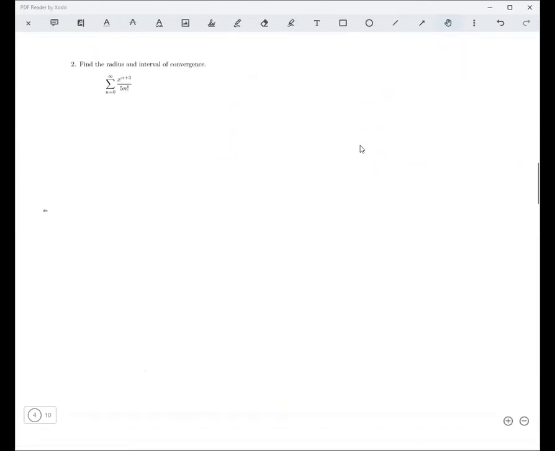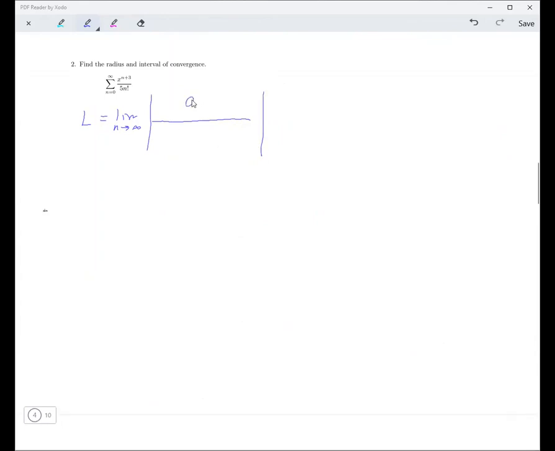Okay, so let's take a look at number 2. So do the same thing. L is the limit as n goes to infinity. And well, I guess we better use the ratio test. The root test is not going to work. The root test would have worked out okay with the previous one, but let's use the ratio test. I guess I better write it out.